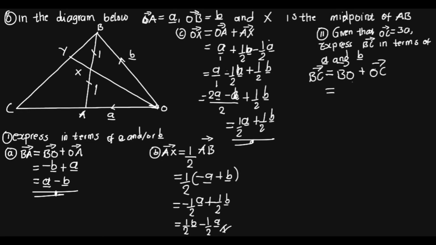Now the vector for BO is negative B, since we are moving in the opposite direction, plus the vector for OC, which is 3A. Then it's just 3A minus B. So this is our final answer for this question.